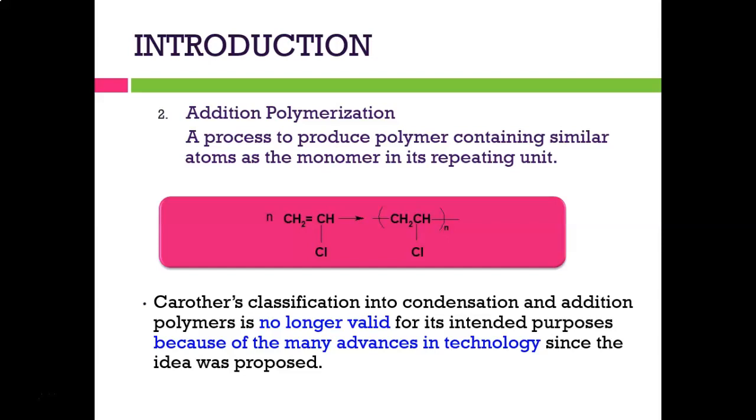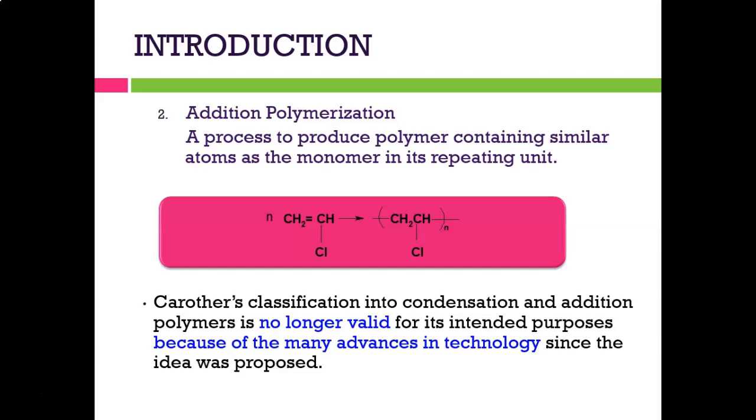But there is a certain case whereby addition polymerization can be produced via step growth polymerization, for example, the preparation of polyurethane. For addition polymerization, the monomer must have a double bond. So addition polymerization is produced by chain growth polymerization. We can study the details in chapter 3.